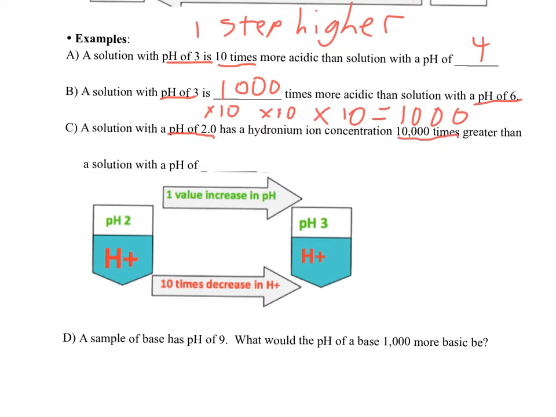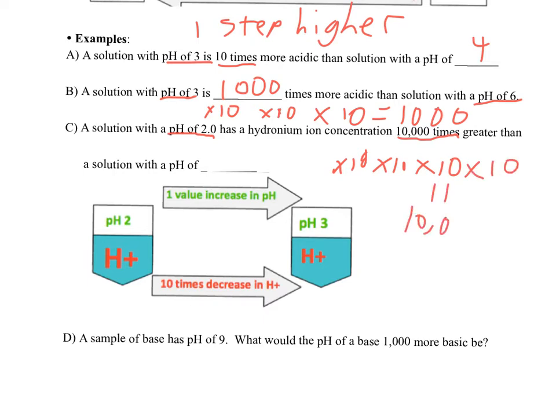If we take times 10, that's 1 step, right? Times 10 again is 2 steps. And times 10 again is 3 steps. That gave us 1,000 before, right? Well, we need 10,000. So let's go times 10 a 4th time.